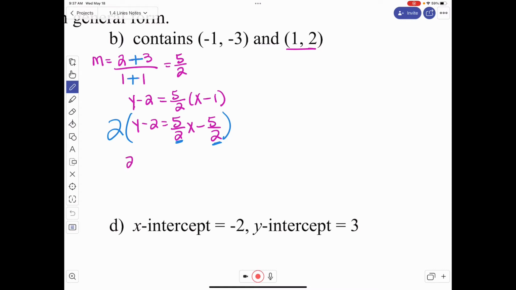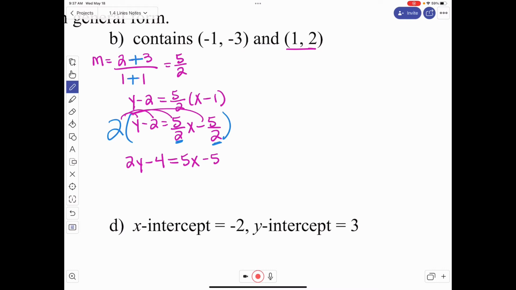So now we'll get 2y minus 4, because remember, this is going to everything, not just the fractions. And then 2 times 5/2, well, my 2's cancel, and I'll get 5x. And 2 times -5/2 will be a -5, okay? So my 5x is positive.